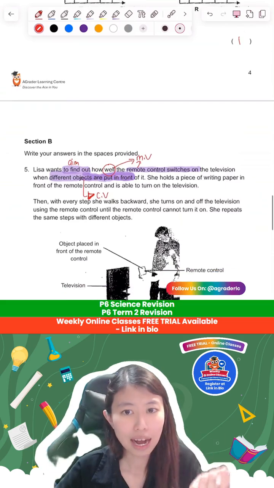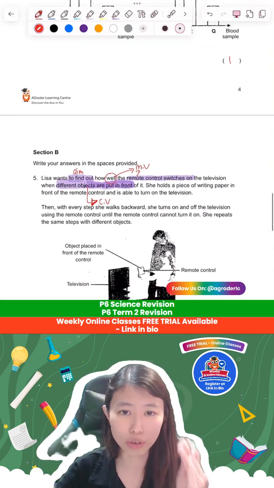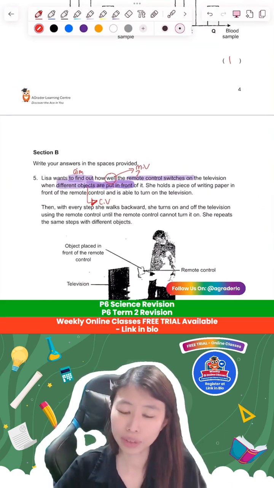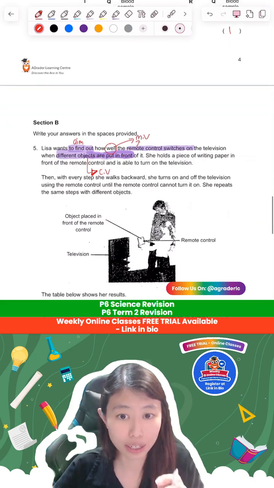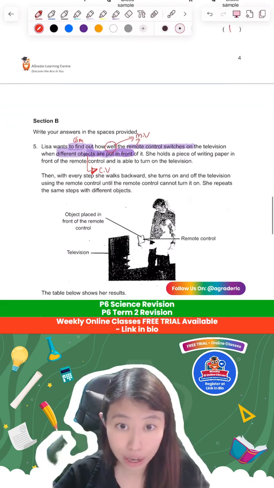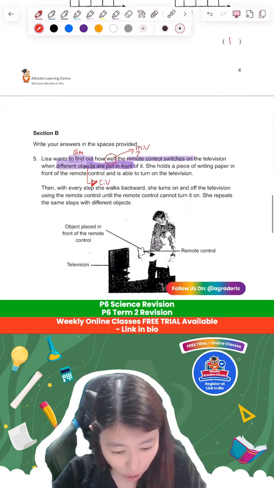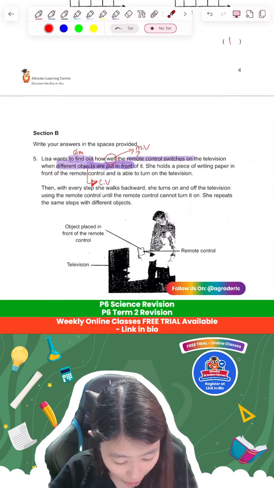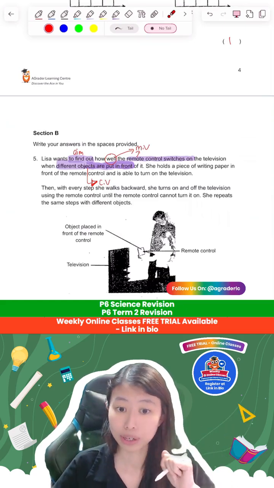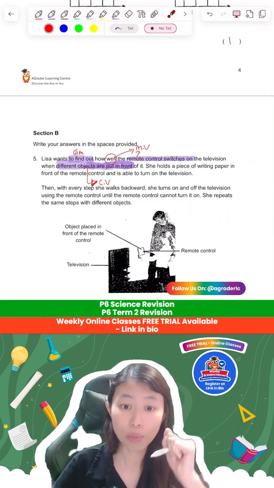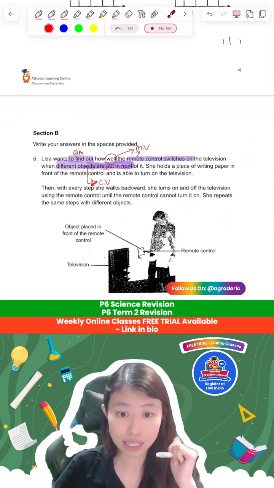But how do I know how well the remote control switches on? I record the distance. So basically, every one step she moves back, she tries to press the remote and see whether it works or not, whether the TV can detect the signal from the remote.